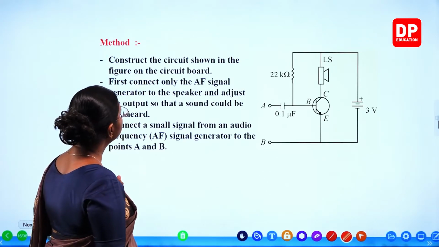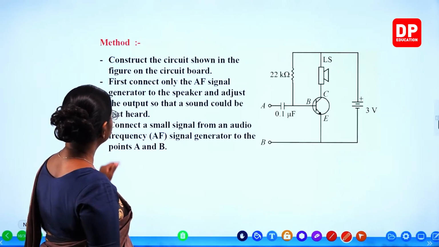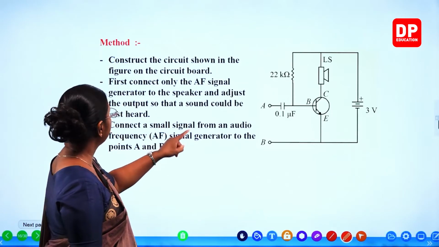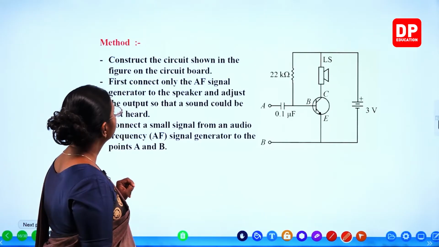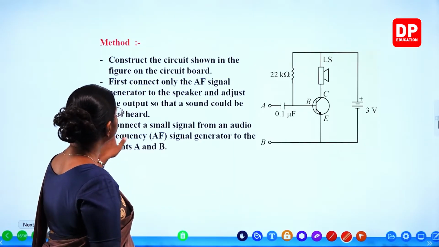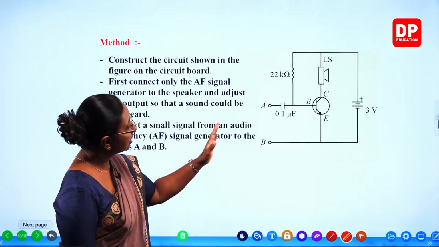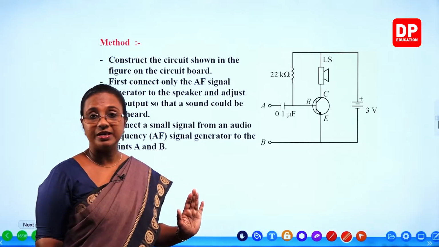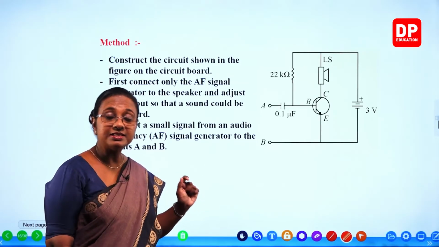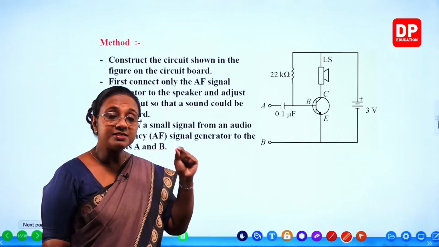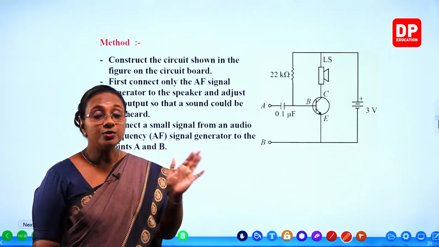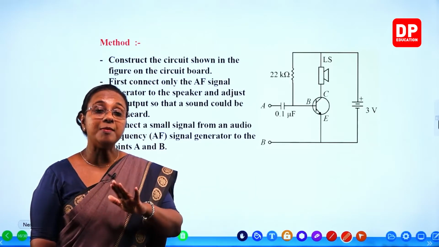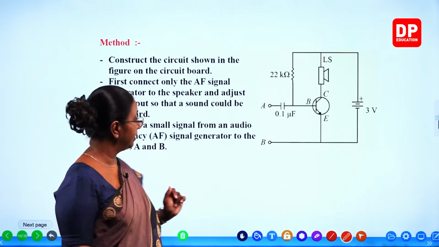First, connect only the audio frequency signal generator to the speaker and adjust the output so that the sound could be just heard. So you need to connect it to the loudspeaker so that you can adjust the sound so that only just the sound is heard. Then only you can understand that the amplified sound can be heard.